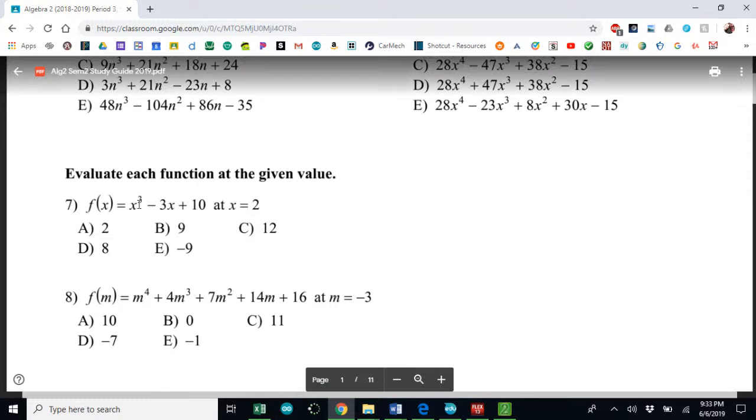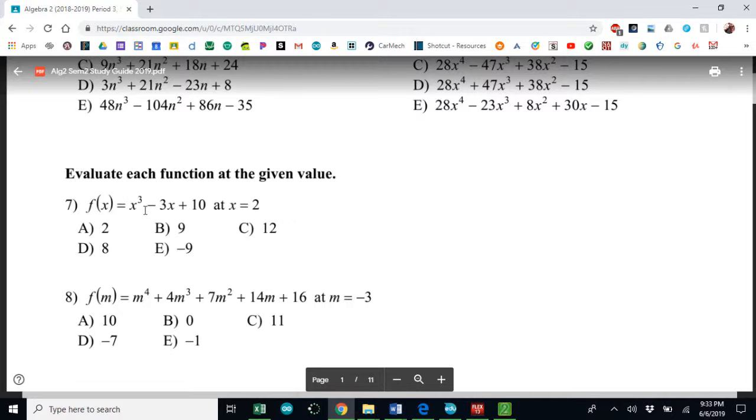It's going to go into this x each time. So if you remember the way that synthetic division works, when you drop down this 1 to the bottom, you're going to be multiplying by 2 several times, and that multiplication of 2 happens right here.